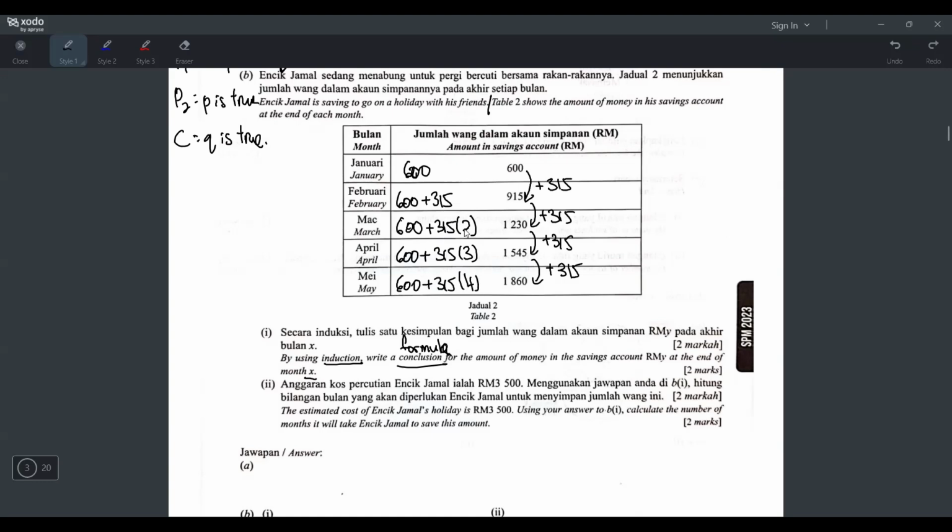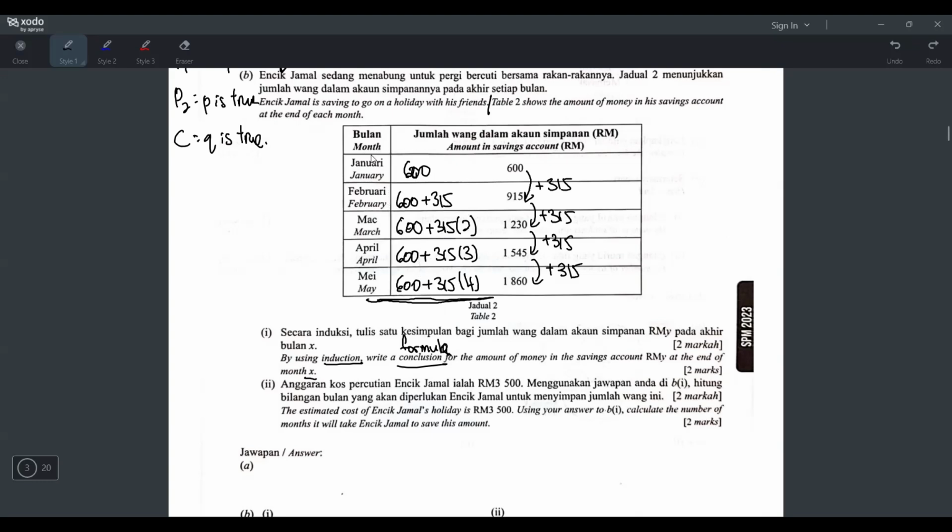So why I write like this is because I'm trying to form the formula, and I want to write it in such a way that I can see which value changes. Okay, after I write all these things, now I can form the conclusion. I can form the formula. So as you can see, all these numbers is 600.